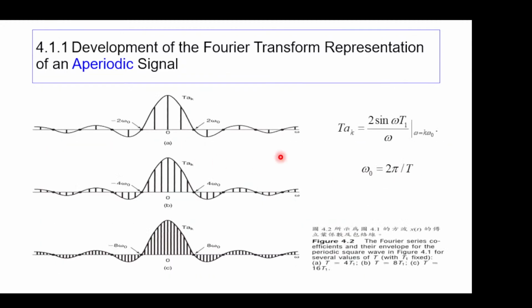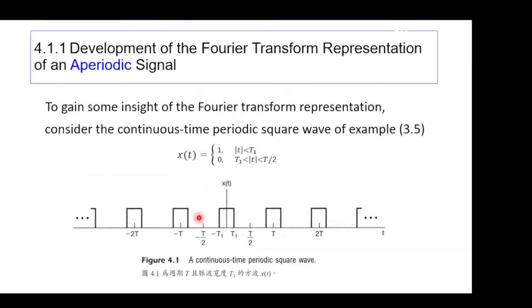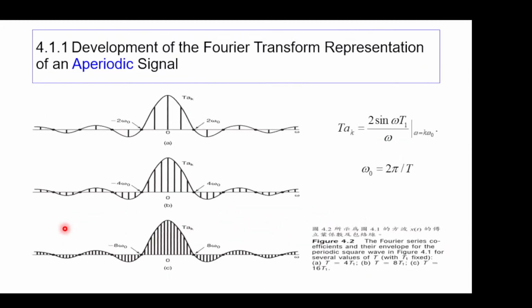If we fix some T, then we have some spacing over the samples. We have a different T here, T equal to 4 T1. Remember, T is the period and T1 is the width of the square. We are thinking about picking T larger and larger.